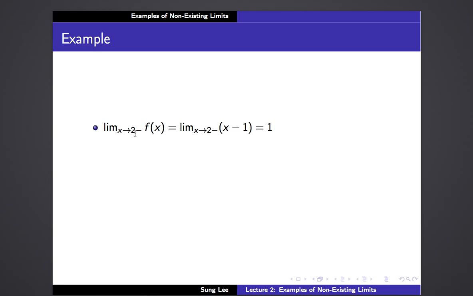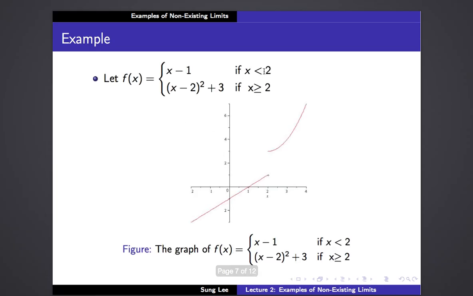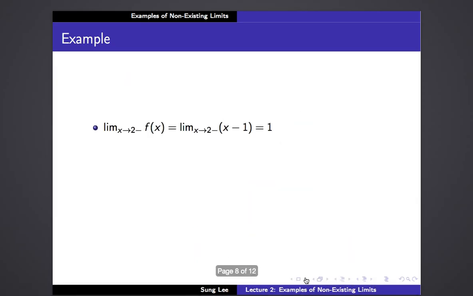The x is actually less than 2, but getting close to 2. Remember that. So since x is less than 2, in this case, f of x becomes x minus 1. So that's the function we have to use. So we replace in this case f of x by x minus 1.